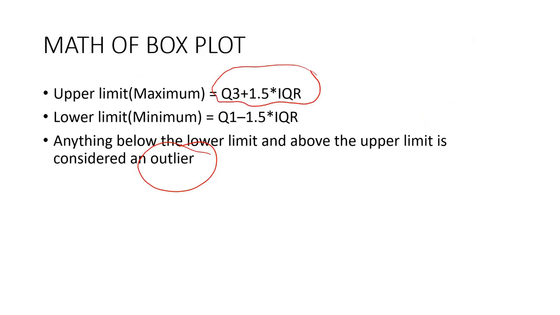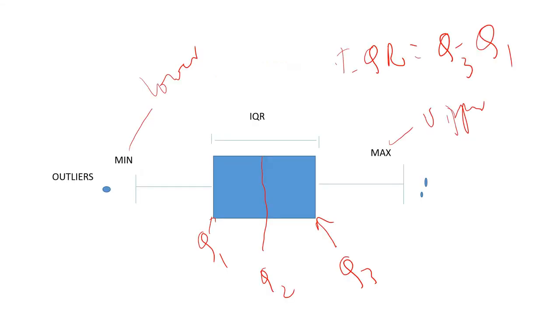By using this equation: upper limit is equal to Q3 plus 1.5 into IQR, and lower limit is equal to Q1 minus 1.5 into IQR. First you need to calculate the interquartile range, that is Q3 minus Q1. After that you will calculate the min and the maximum value.